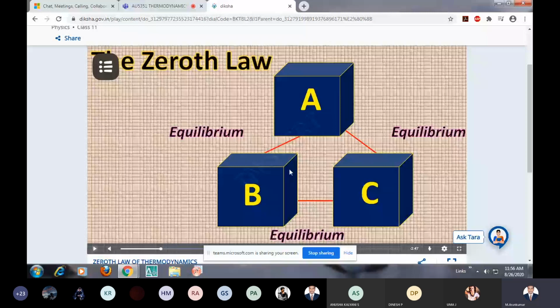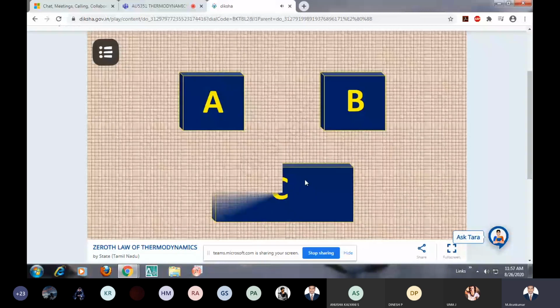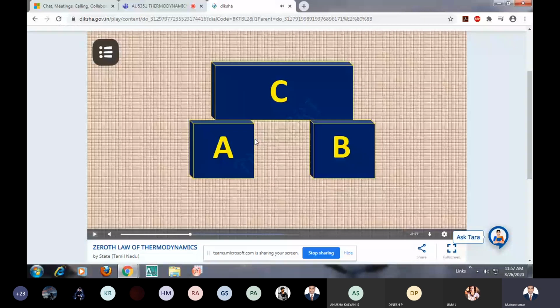So look at this one. The system A is in contact with the system C. The system B is in contact with the system C. But there is no contact between the systems A and B.